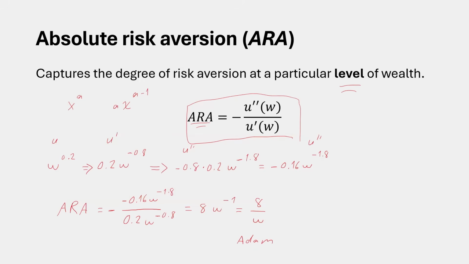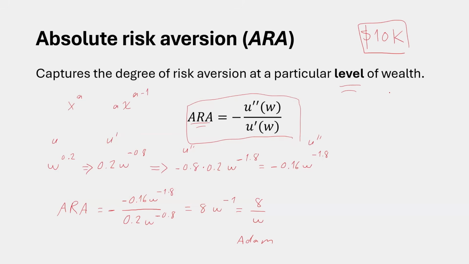Okay. So intuitively, what does it tell us? It means that for Adam, his absolute risk aversion decreases as he becomes richer, right? So it means that as one person becomes wealthier, they become less risk averse. And this sort of makes sense. So for example, think about, let's say, taking on a $10,000 bet, okay? So for, let's say, a student who is about to graduate, this might be a lot of money, right?